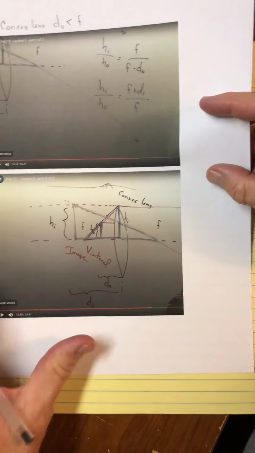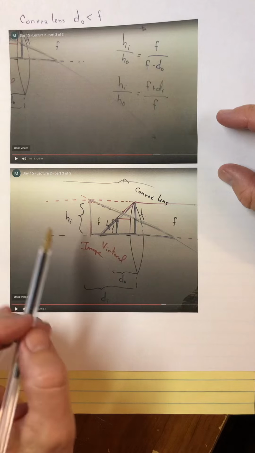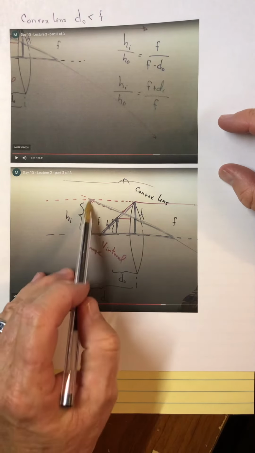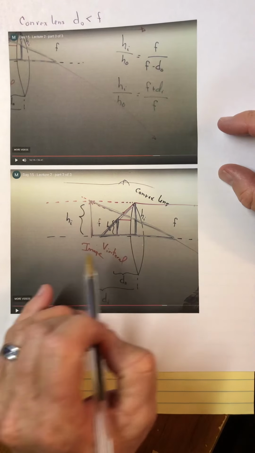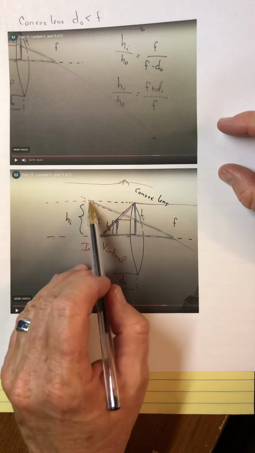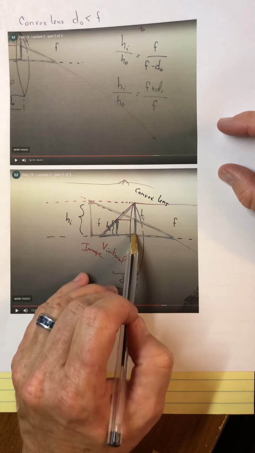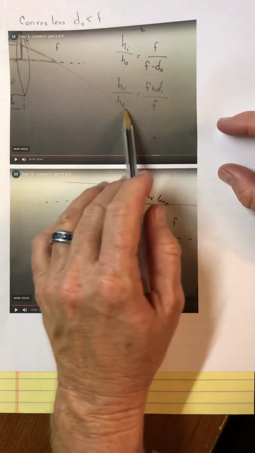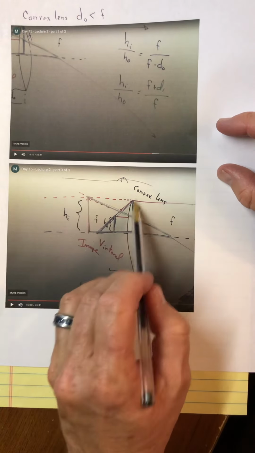Again, if you go back and look at it, there's this set of triangles, the green one and the blue one, with focal length plus image distance.